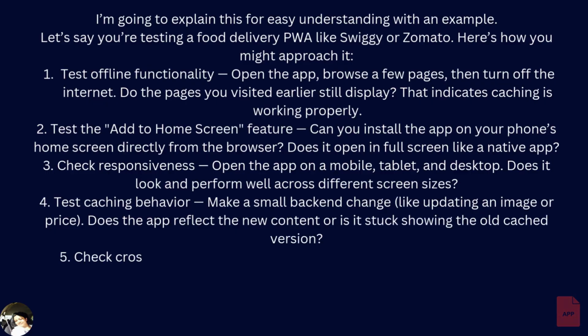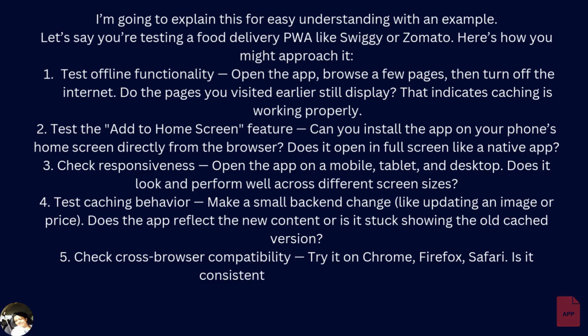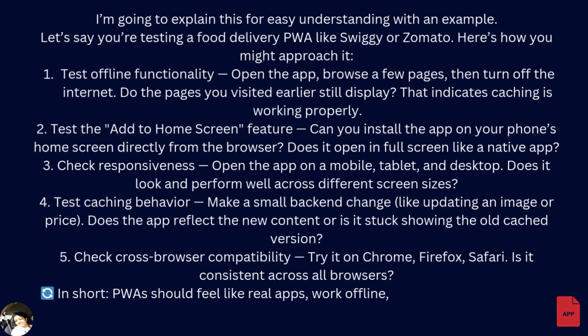Fifth, check cross browser compatibility. Try it on Chrome, Firefox, Safari. Is it consistent across all browsers? In short, PWAs should feel like real apps, work offline, load quickly, and perform well across devices and browsers.